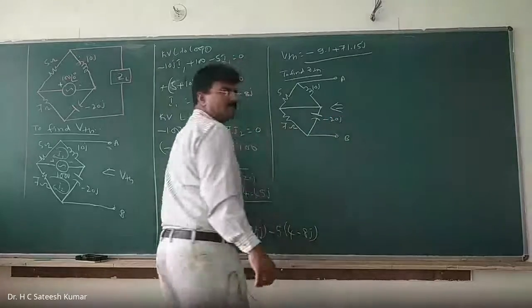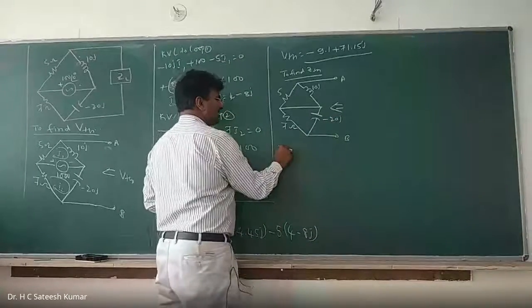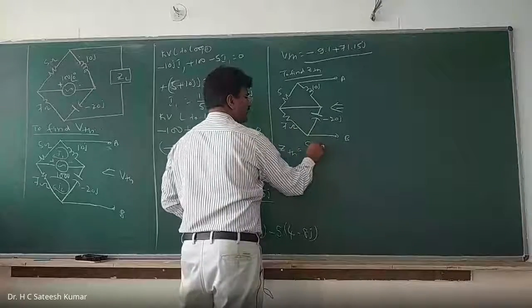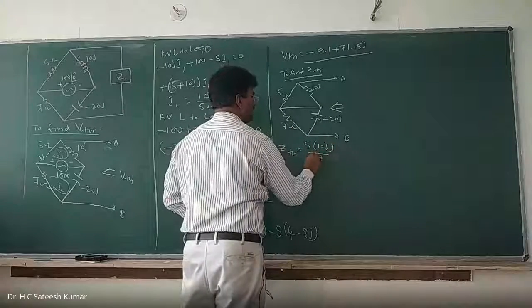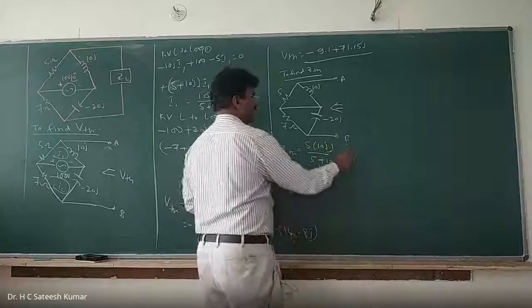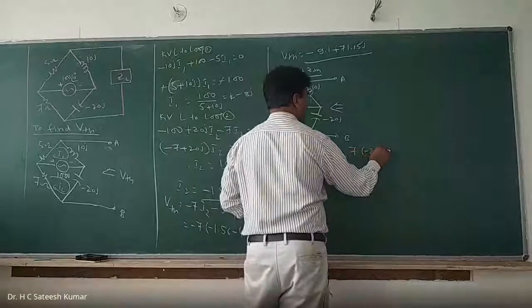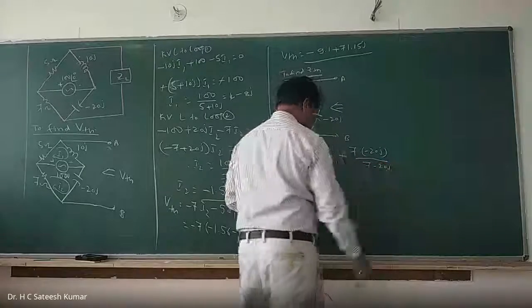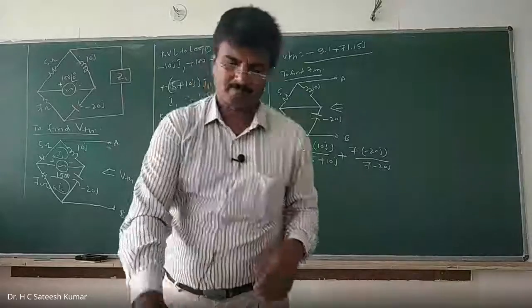How will you do that? ZTH is equal to these two parallel combination, 5 into 10j divided by 5 plus 10j, plus 7 into minus 20j divided by 7 minus 20j. How much is this?